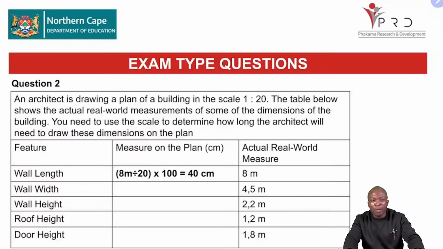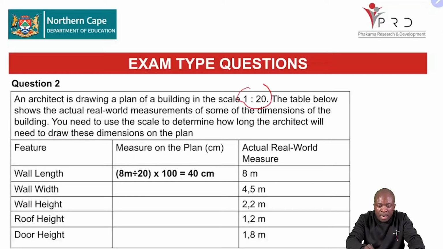Now, here we're coming to work on exam type of questions. These are the measurements for the actual size of a building, and we are expected to get the plan measurement. Let's go through the question quickly. It says an architect is drawing a plan of a building in the scale 1:20.